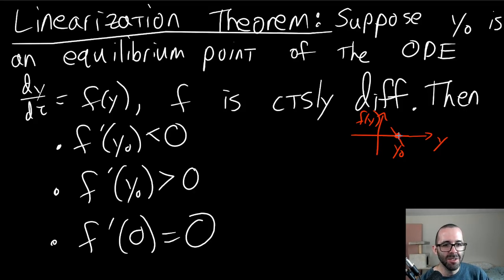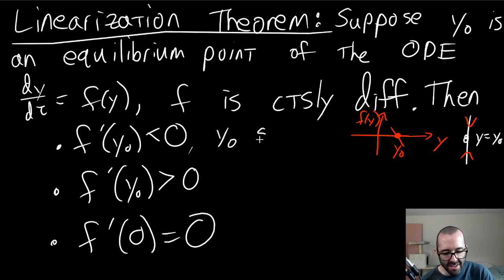Well, is this a source or a sink? Well, f is positive below y naught, and f is negative above y naught. Oh, this must say that y naught is a sink.